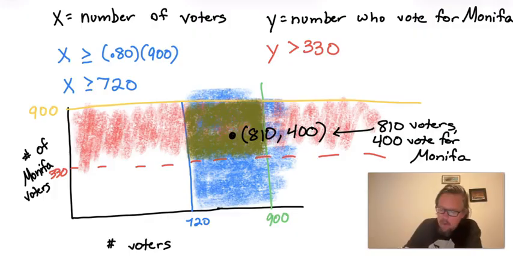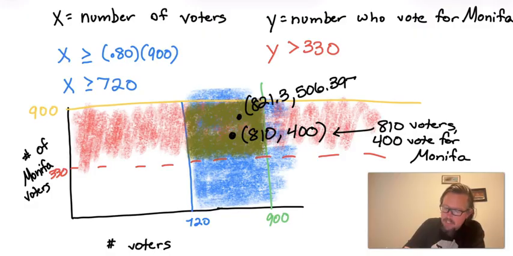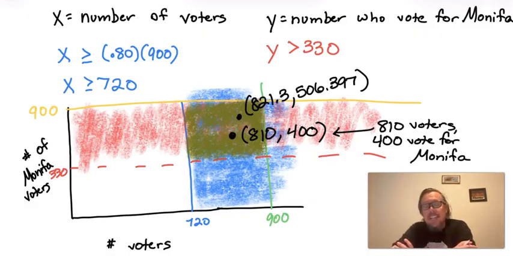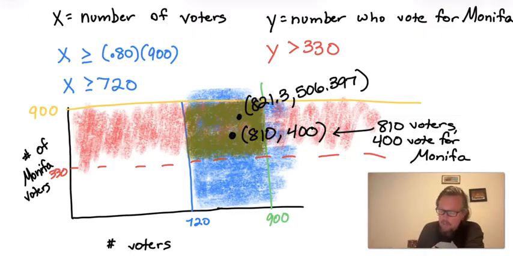In other words, the point 821.3 and 506.397 is in the shaded section, but would not be a valid solution because you cannot have 821.3 voters and you cannot have 506.397 people voting for her.